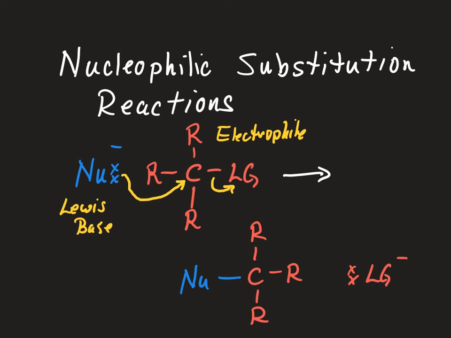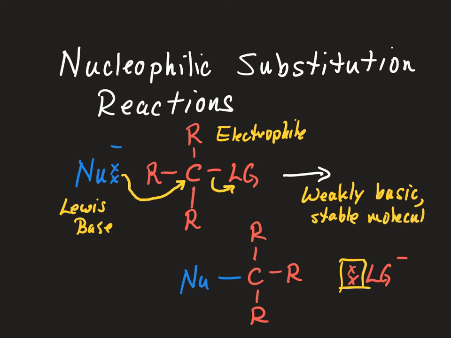right? So in order to be a good leaving group, something has to be stable with this pair of electrons. So a good leaving group is a weakly basic, stable molecule or ion.